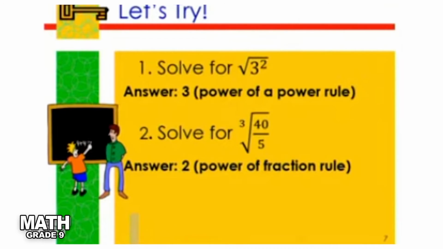So the expression will be the cube root of 8, which is equal to the cube root of 2 cubed. Rewriting the radical expression, the cube root of 2 cubed, into exponential form, we have 2 raised to 3 over 3, or 2 raised to 1, or the answer is 2. I hope you got the correct answer. You can try to solve the other items later for your practice.